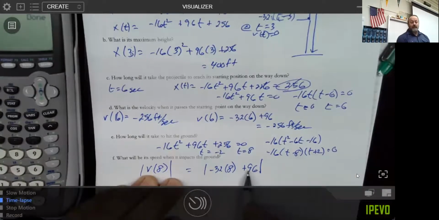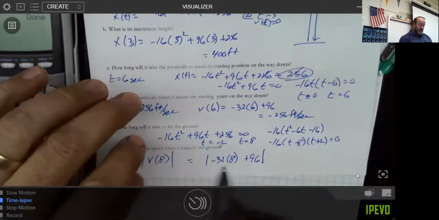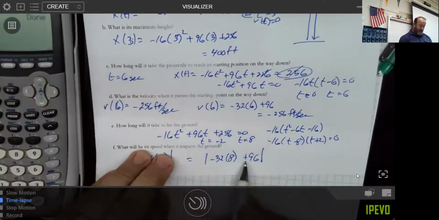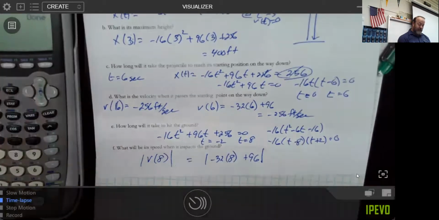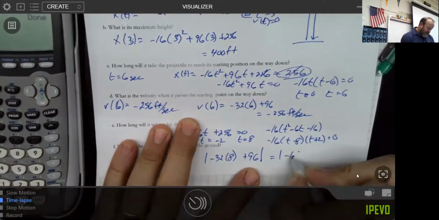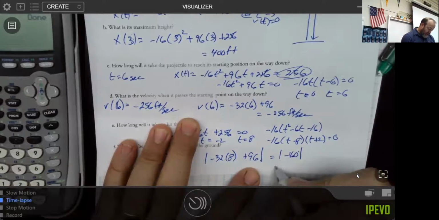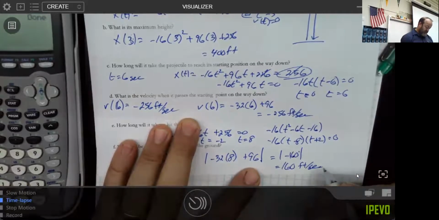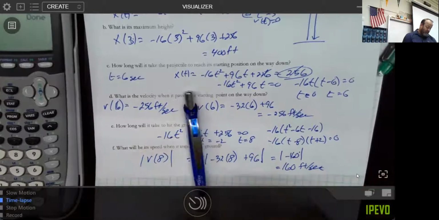Don't forget that order of operations says we put these two together first, then add the 96, and then take the absolute value. So we end up with negative 160, or positive 160 feet per second, as the particle hits the ground, or the rocket, or whatever it is.